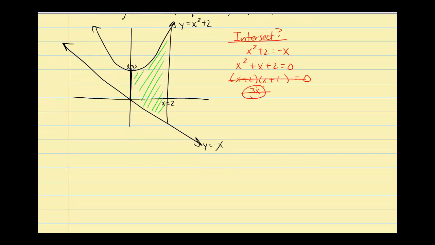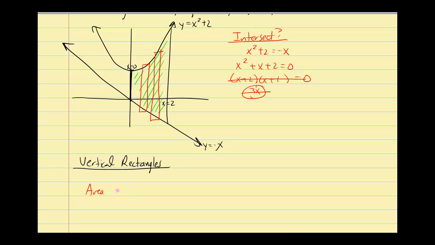Let's go ahead and look at vertical rectangles. With vertical rectangles, our hope is I always have the same upper and the same lower throughout the region to make it easy. Now that's not always going to be the case, but hopefully for this first one it will be. So let's go ahead and sketch in some rectangles. And it does look like for this particular region, the upper curve is always the same and the lower curve is always the same.